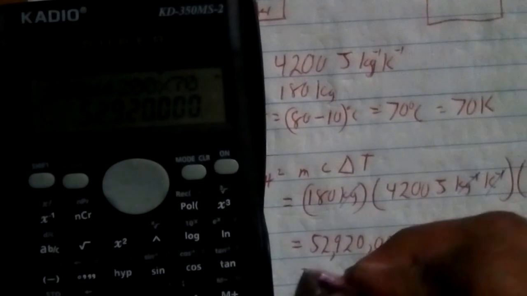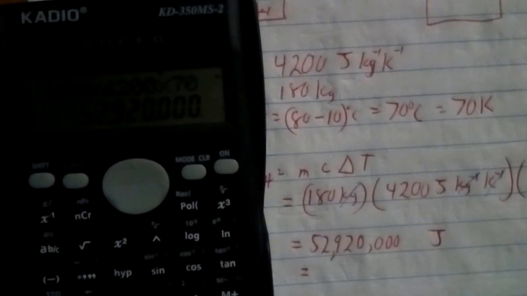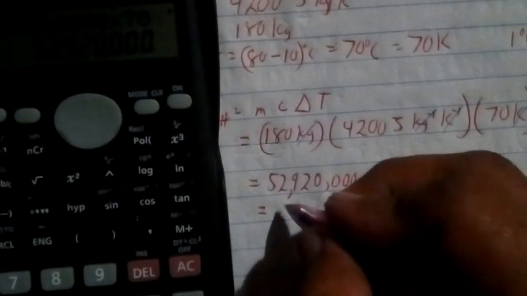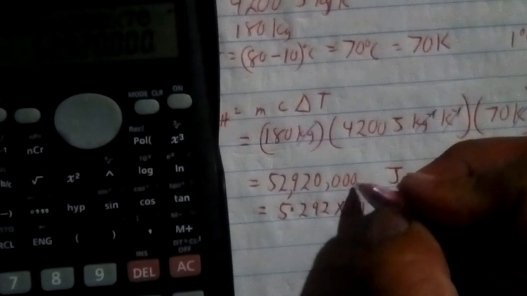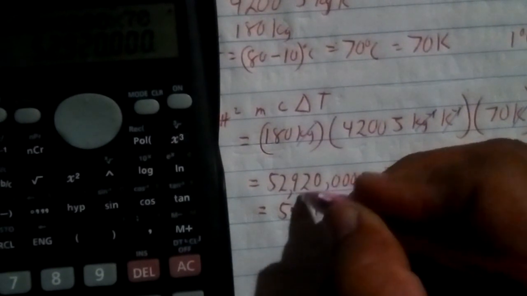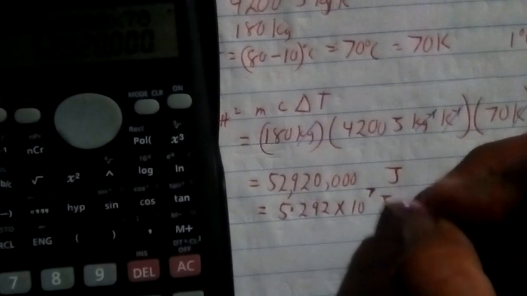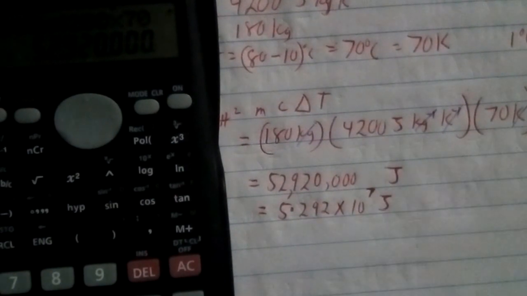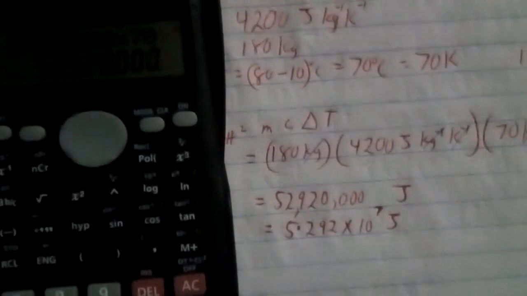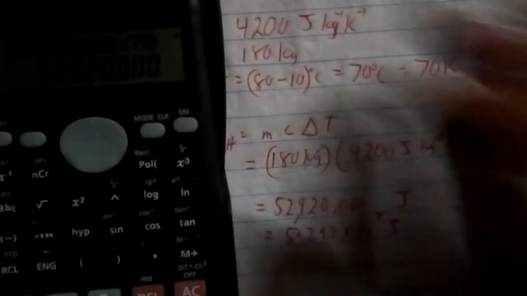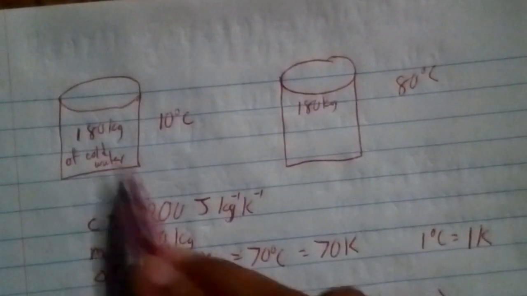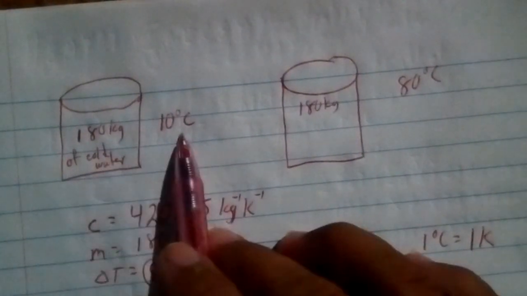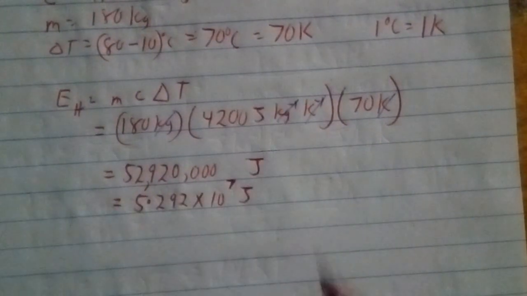But because we can use scientific notation, we can put this as 5.292 times 10 to the 7th power joules. Okay, so that is the amount of heat energy it will require for this body of water, which is 180 kilograms, to change from 10 to 80 degrees Celsius. This is the amount of energy it will be required to absorb.